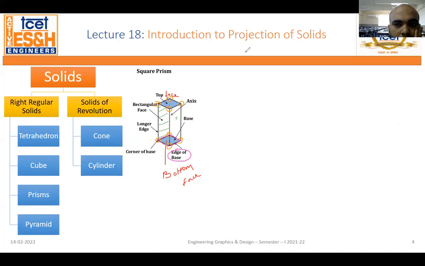So with this, I hope it is clear. Now one more thing. The bottom ones were the edge of base or base edges. These are said to be an edge. Only edge. If they talk about only edge, then you have to think about this.